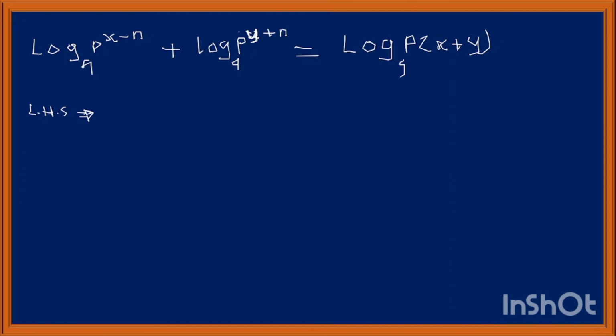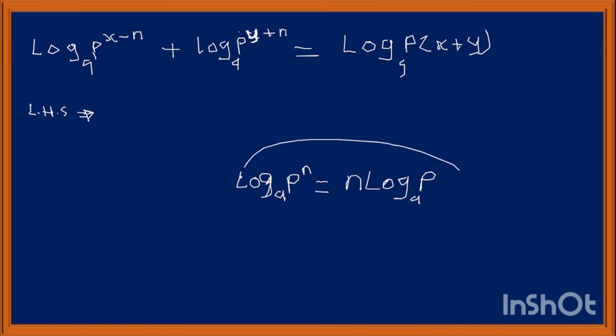So this is log a b. So this is the same thing according to laws of logarithm. X minus n is the power, and this power, according to laws of logarithm, you remember that if we have the log of a number p to the power of n, I did it in my previous video. This is the same thing as saying n multiplied by the log of that number base a.